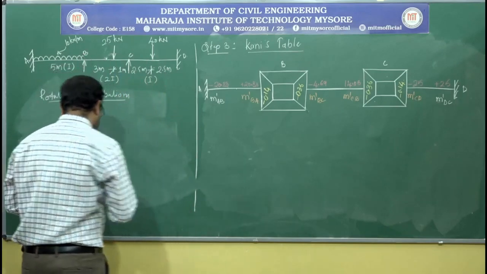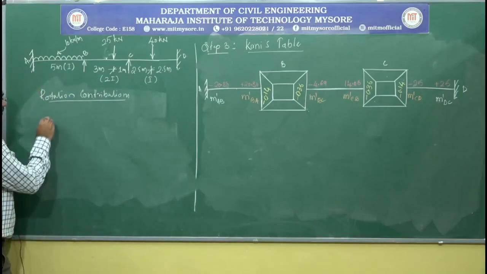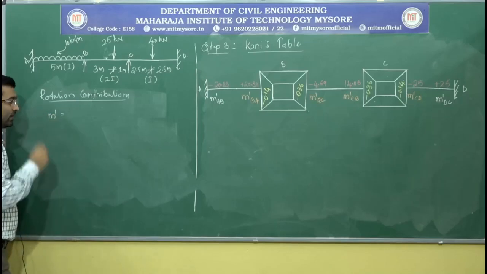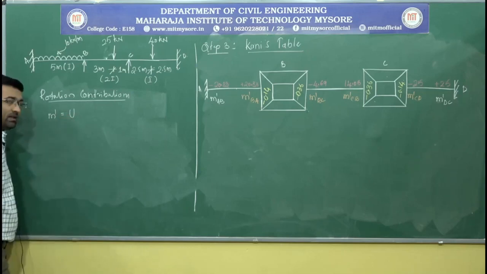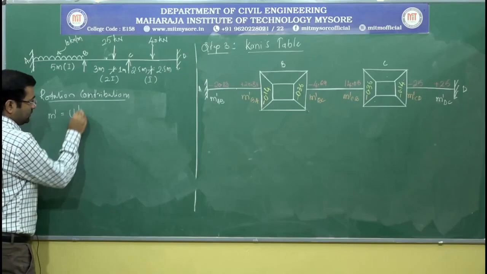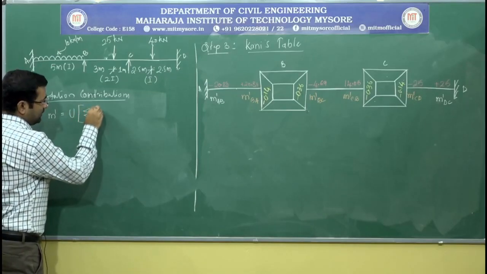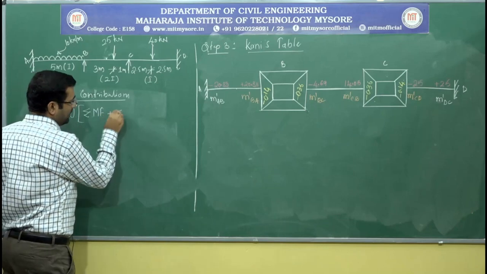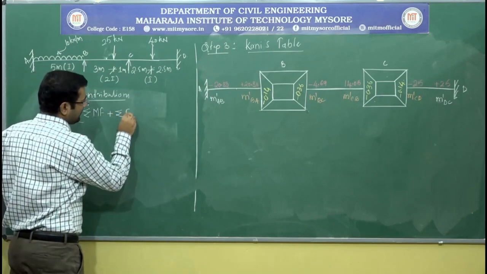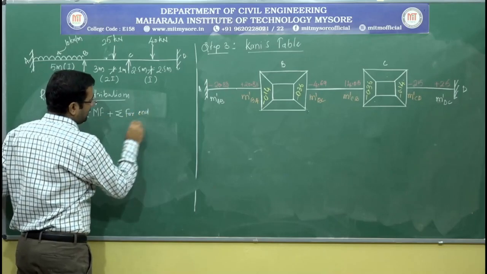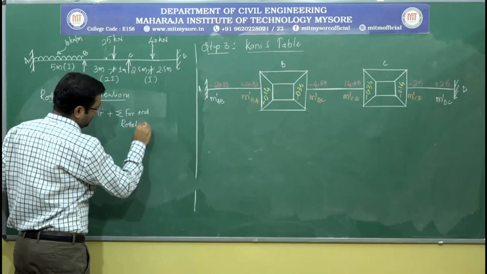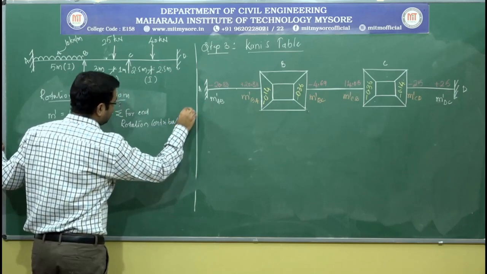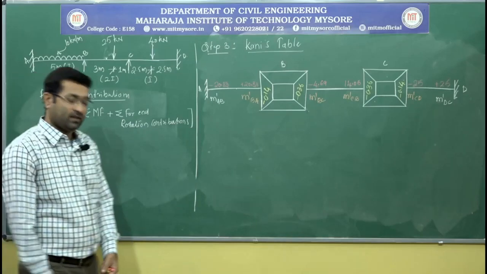Now as per our understanding in the previous classes, the rotation contribution m dash is equal to U, that is the rotation factor, into the algebraic sum of fixed end moments at any intermediate joint, plus the algebraic sum of far end rotation contributions. So this is the formula.